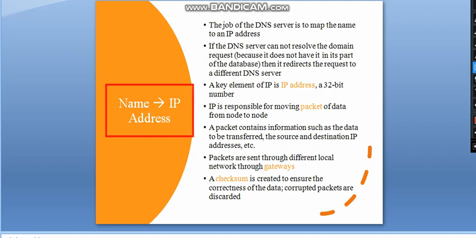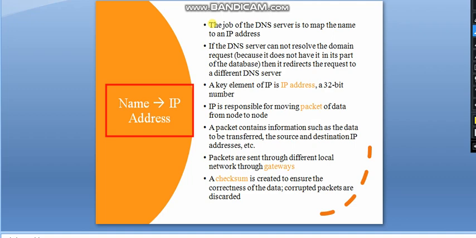Next topic is name and IP address. The job of a DNS server is to map the name to an IP address. If the DNS server cannot resolve the domain request because it does not have it in its part of the database, then it redirects the request to a different DNS server.